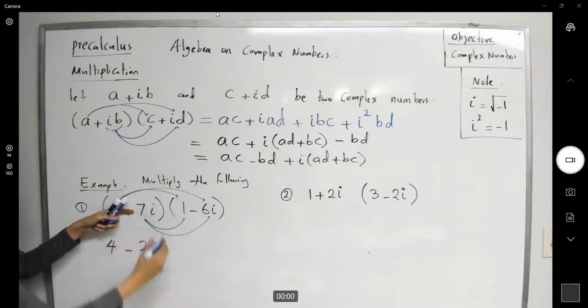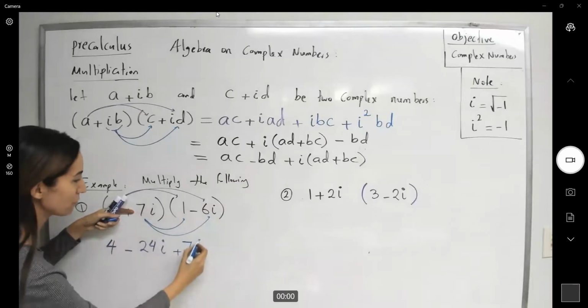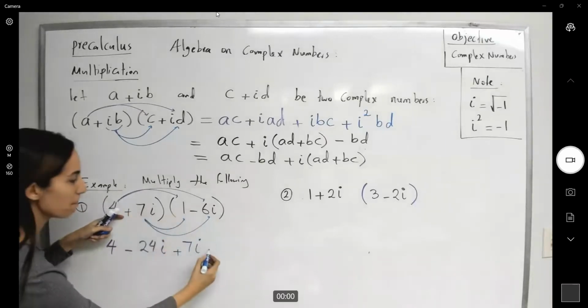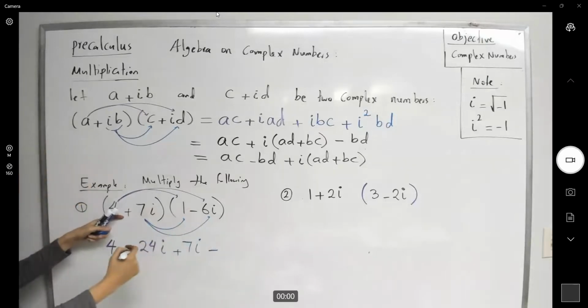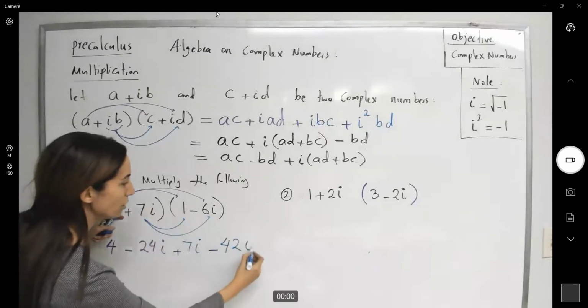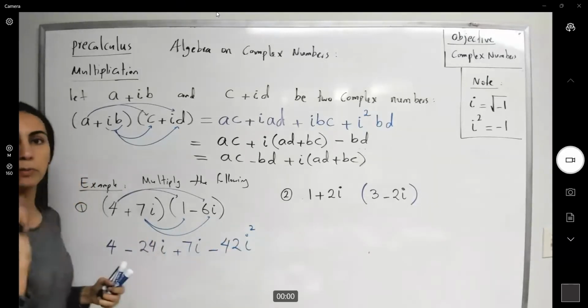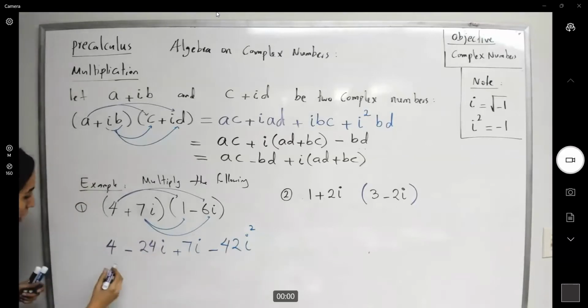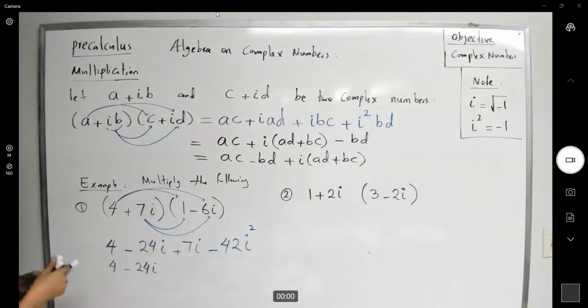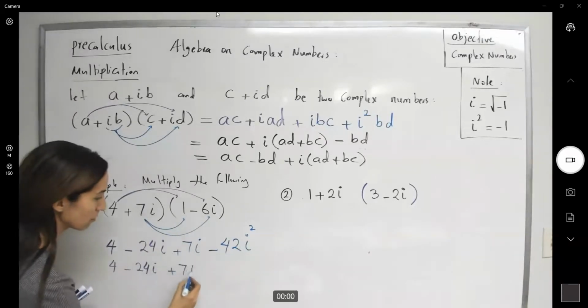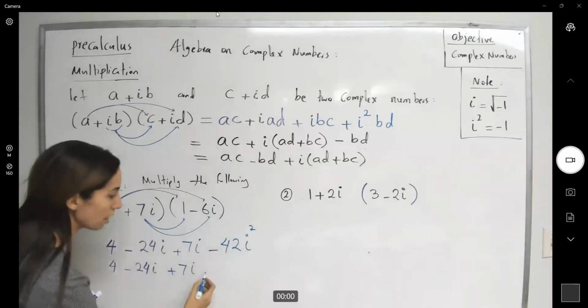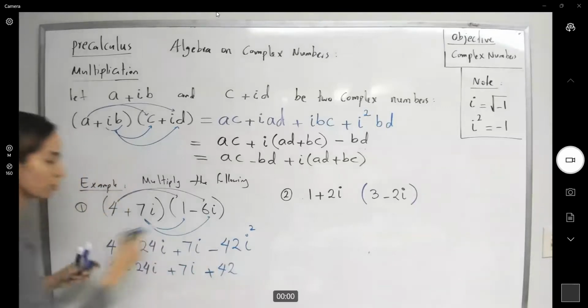You get 7i times 1, which is 7i. And you have plus minus 42 i squared. Okay, let's see. What do we have here? Guys, you have i squared, which is -1. Negative times negative becomes +1. So far I have 4 minus 24i plus 7i, and minus becomes plus 42.